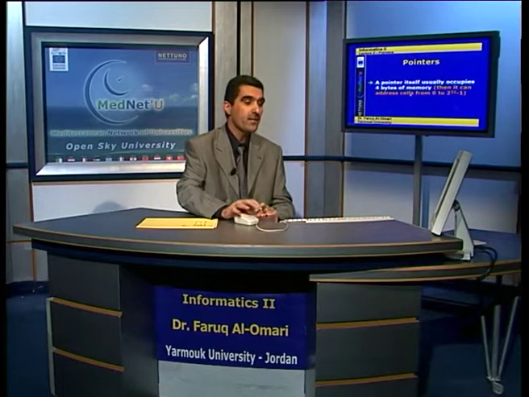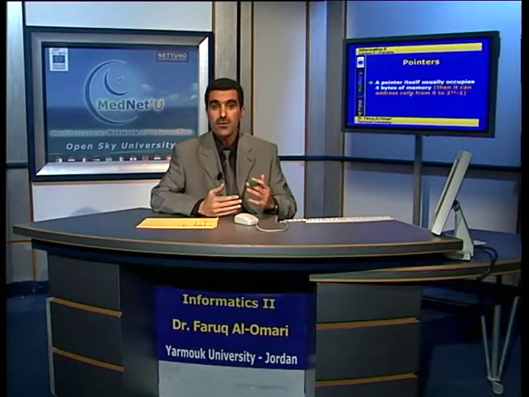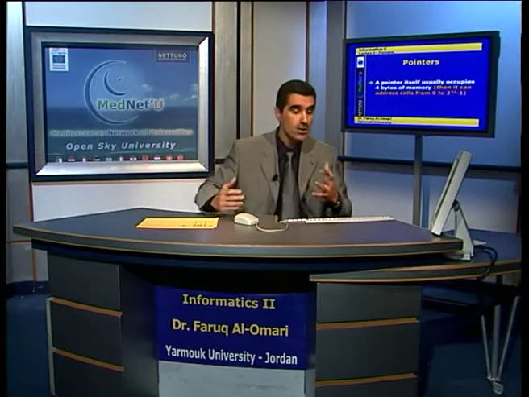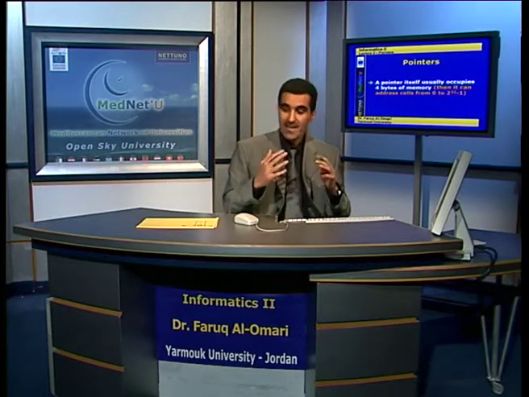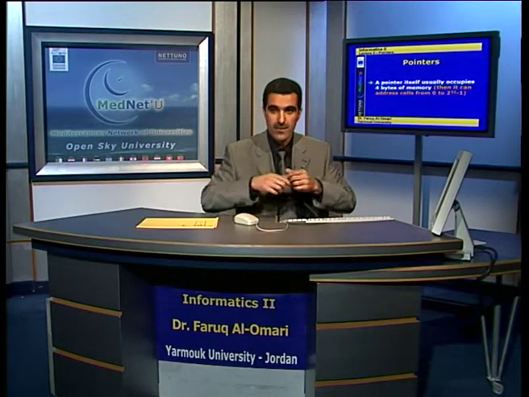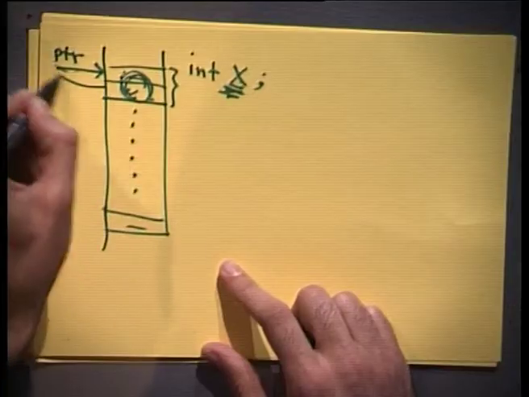The pointer itself usually occupies 4 bytes, and this is very important to remember. Regardless of the type of the pointer we define, as a value it's always 4 bytes long. And that refers to the big number we're talking about here.